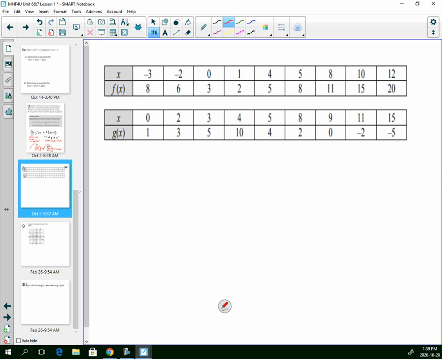So let's say I were composing, let's do g of f of x first. So I'm going to compose g of f of x. So we're going to start with the set f of x. Okay.